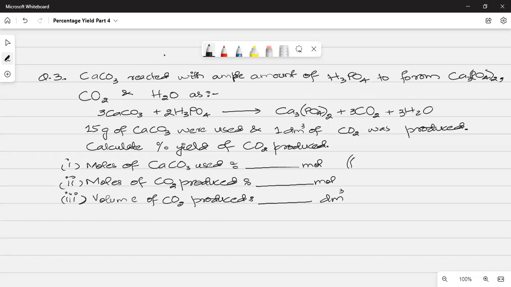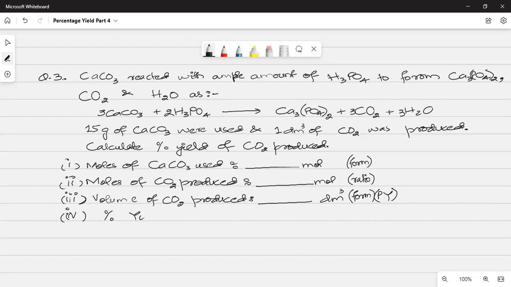So let me tell you again, this is a formula step. This is a ratio step. And again, this is a formula step. To be honest, this also gives you the predicted yield. So it's PY.